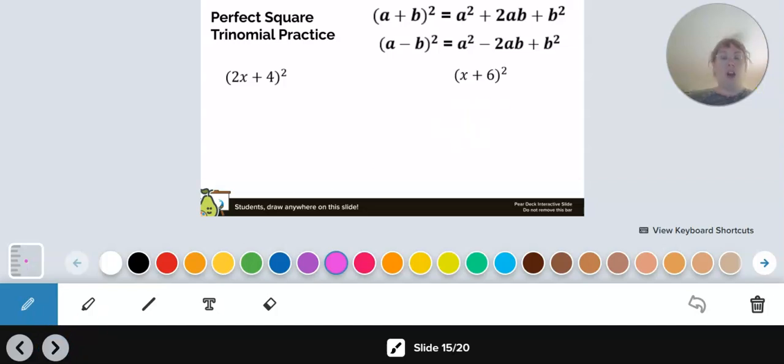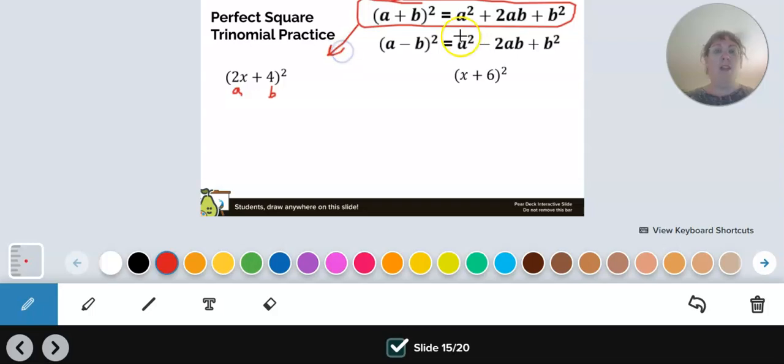So if we wanted to go the opposite way, if we wanted to start with factored form and go to our expanded form, this is our a plus b. So we do see a plus sign, so we're going to use this top one. The first term is a squared.